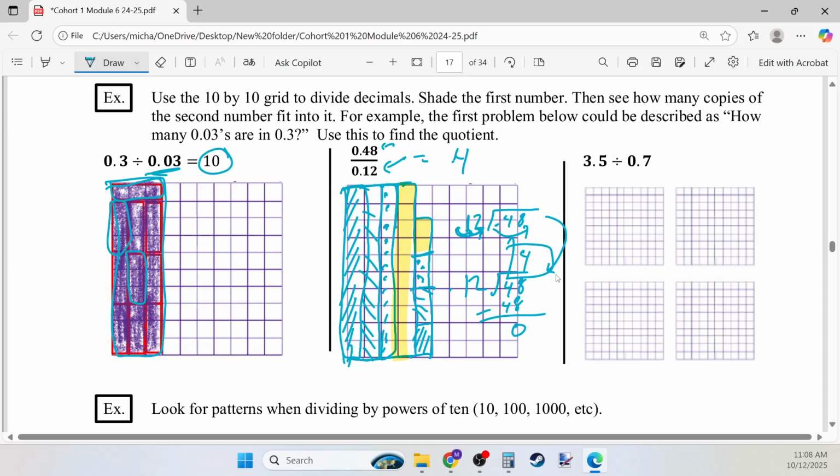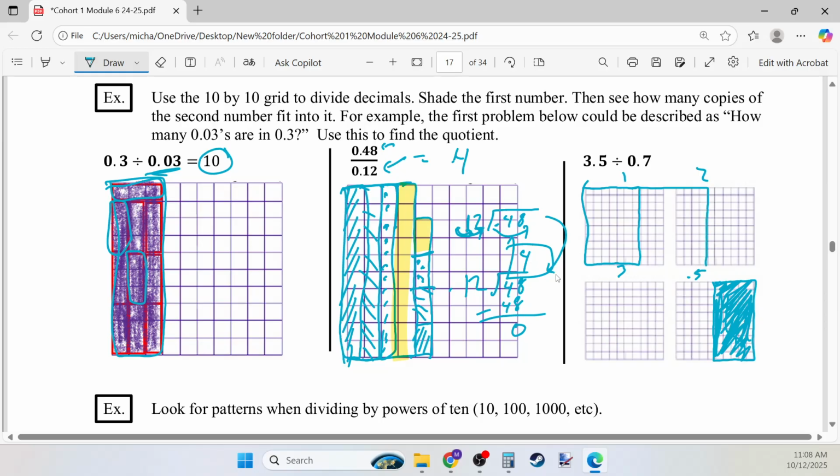3.5 divided by 0.7. So I will color in the part we were working with. So I have 1, 2, 3, and 5. In the parts I didn't color, I want to divide these into groups of 7. So that's 7 vertical pieces. Here is a 0.7. 4, 5, 6, 7.